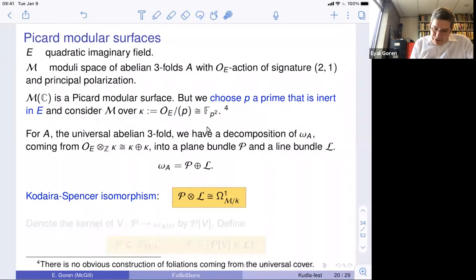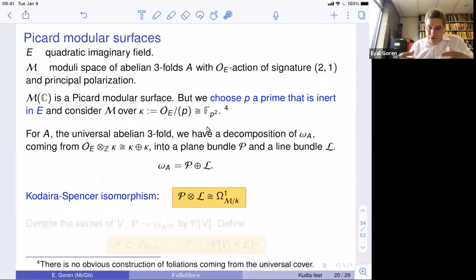Now, we have the universal abelian threefold A, and it has its sheaf of relative differentials, or relative cotangent bundle, omega A. It's a rank 3 vector bundle over the moduli space, and the action of O_E on it decomposes it into a sum of 2 vector bundles, P, because it has rank 2, the 2 has to do with 2 appearing in the signature, and L, suggesting it's a line bundle that has to do with 1 appearing in the signature.